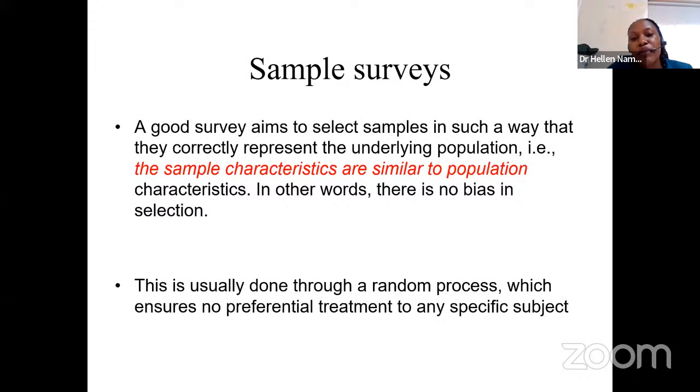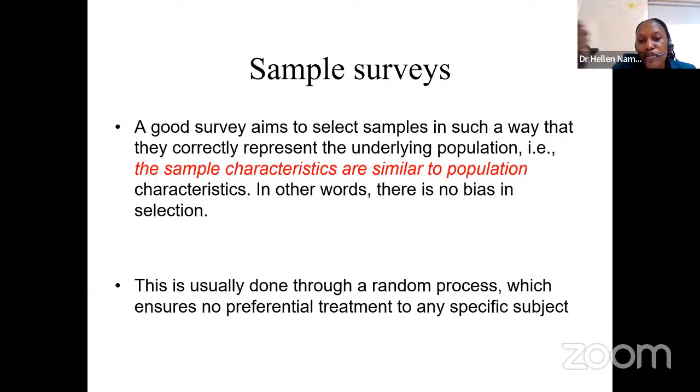Okay, but most of the time when we're looking at sample surveys, a good survey aims to select samples whereby the characteristics of a sample are similar to that of the population. In this particular case, you'll be avoiding bias in the selection. So we are trying to see that the sample that has been picked represents the underlying population.